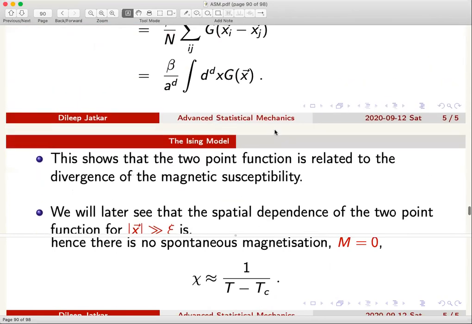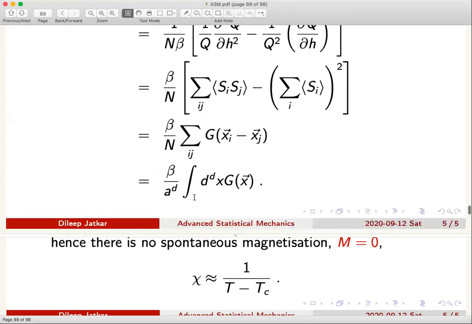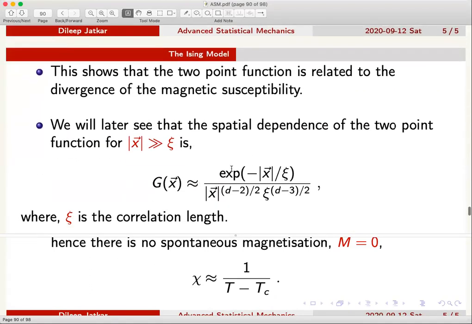But we have a problem here. The problem is that chi in the neighborhood of Tc shows divergence. It goes as t minus Tc to the minus 1, whereas g is defined by objects like this. And this set of functions, exponential, falls off very fast.